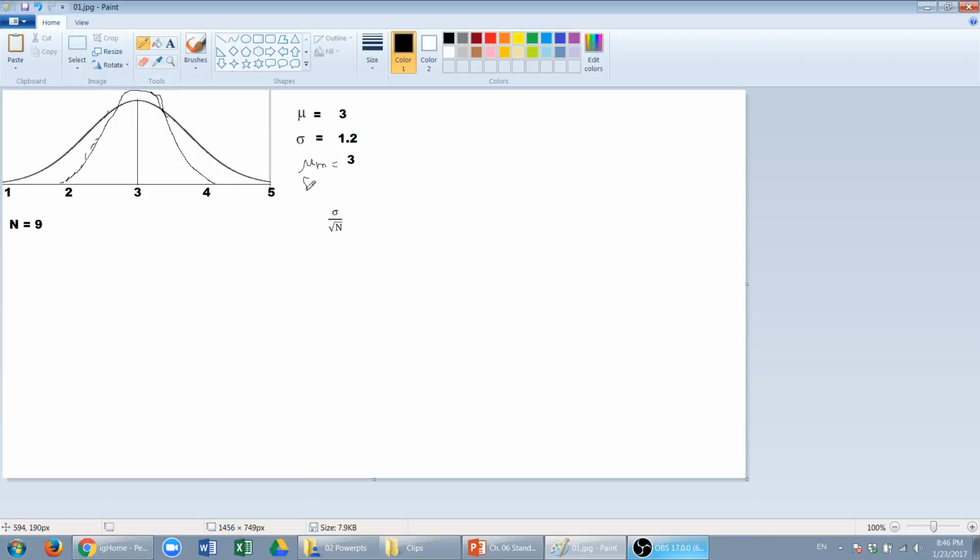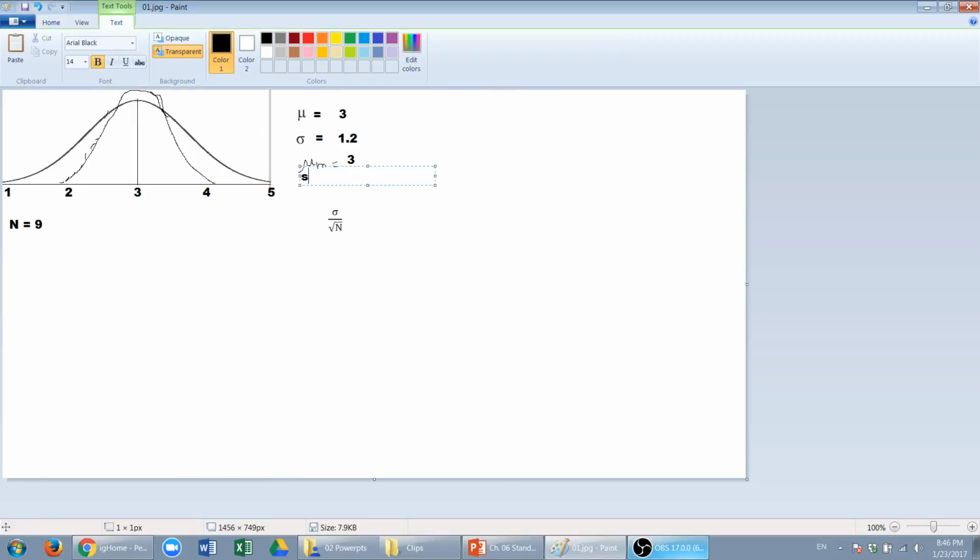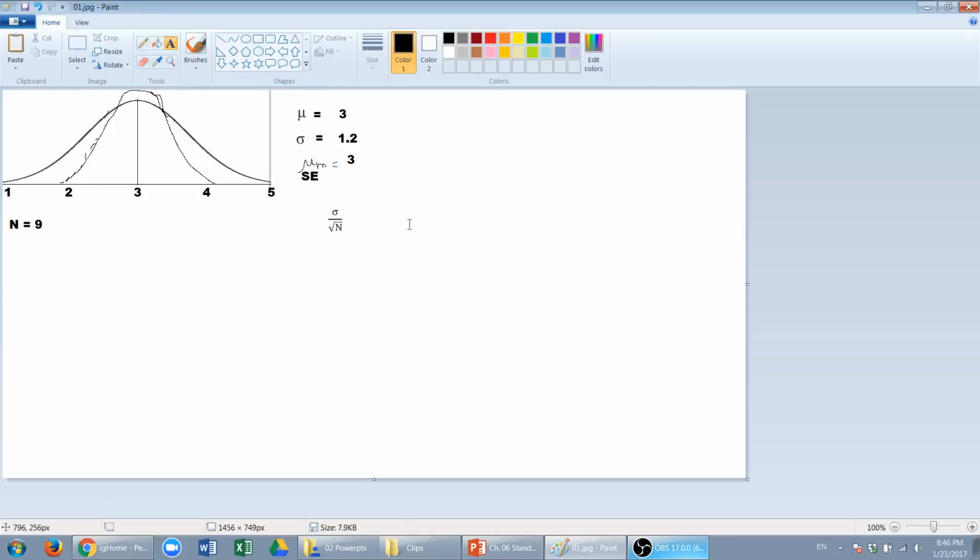Now, how about the standard deviation of this distribution? We call it the standard error. And how do we calculate the standard error? The very smart statisticians tell us this is the formula: sigma, the population standard deviation, divided by the square root of the sample size, which is 9.